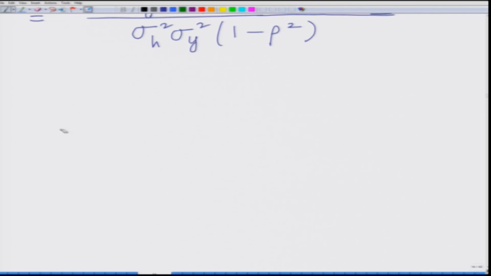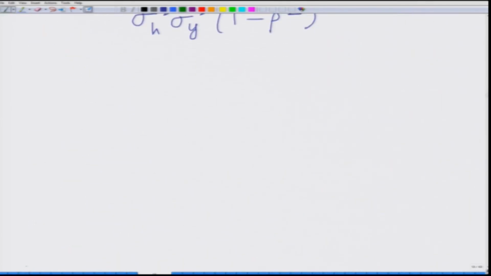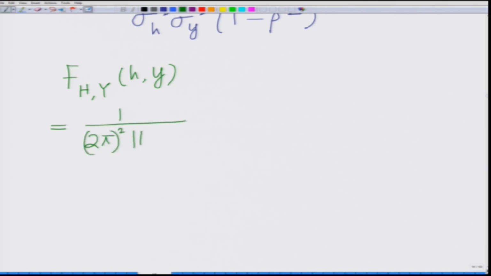So the joint probability density function f of h comma y of h comma y is equal to 1 over 2 pi whole square times the square root of the determinant of R, times e to the power of minus half.